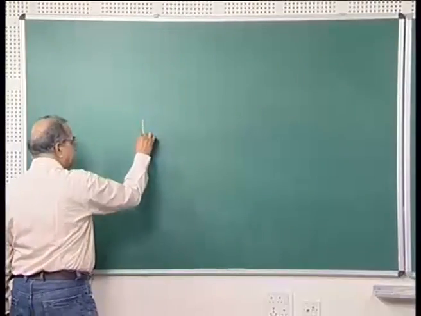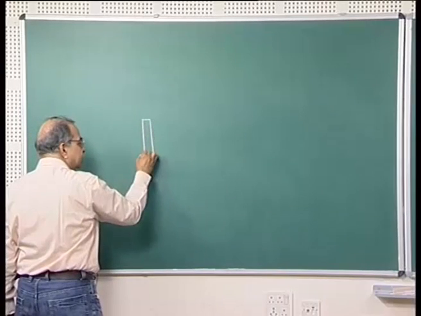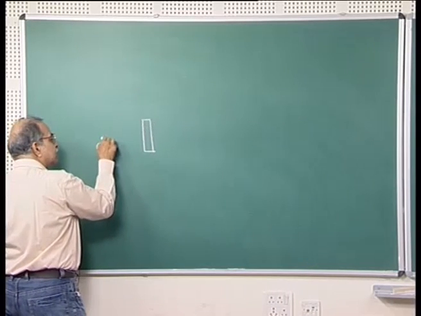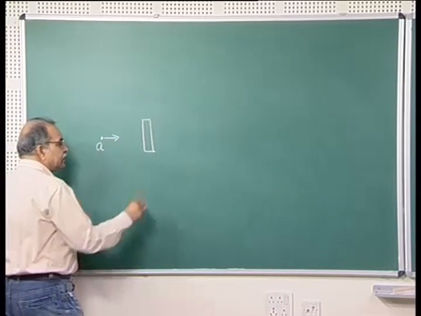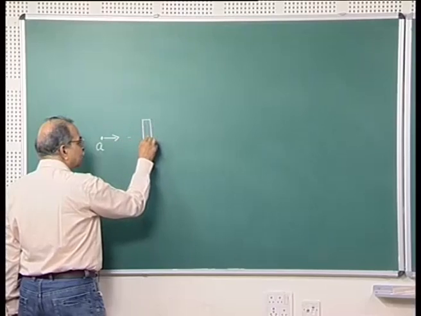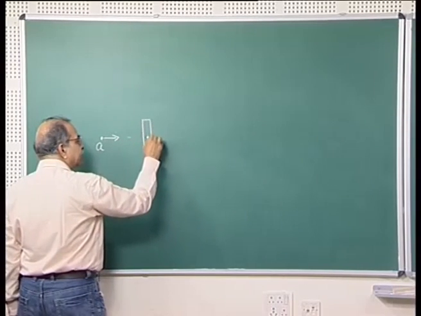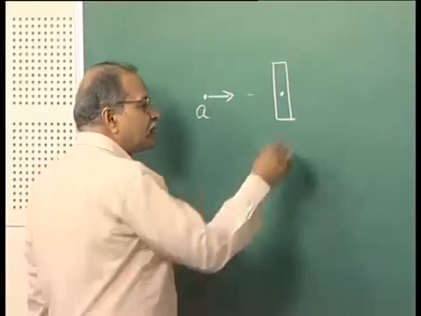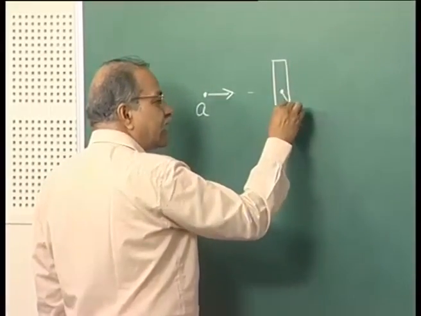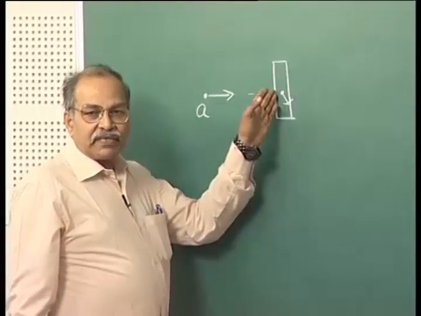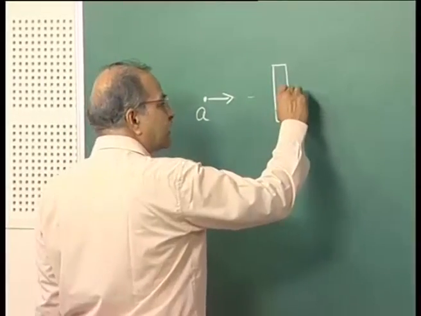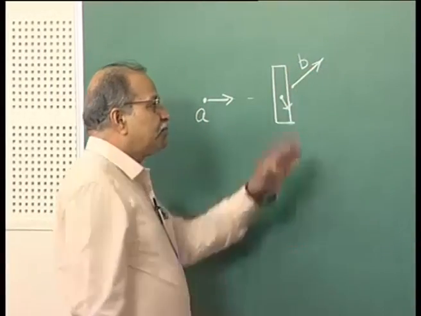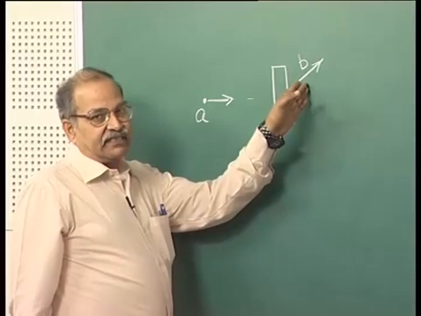You will have a target, we have discussed this geometry several times, and some projectile particle A will be bombarded here, and it will interact with some nucleus X and convert it to some nucleus Y, which will recoil inside and generally be stopped in the target, but another particle B can come out at a certain angle, and it is this B particle that we detect in the experiment.